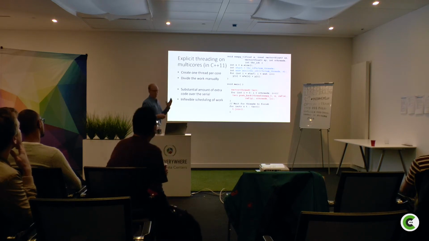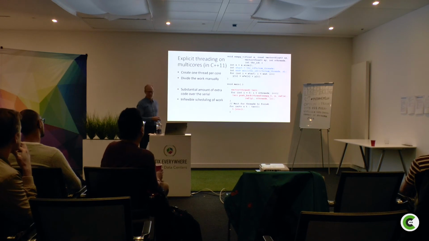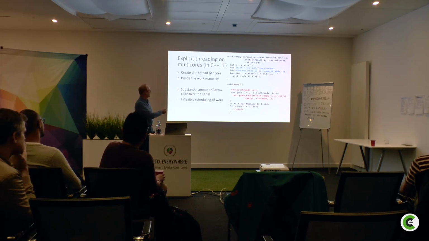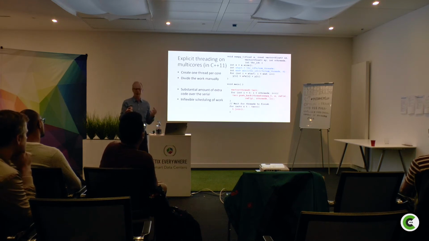So the way I parallelized it here with C++ threads is that I have a vector of threads. I create the threads and push them onto this vector. I decided, hard-coded, the number of threads I want to create.